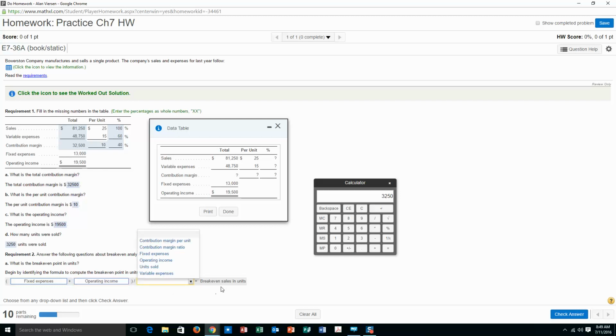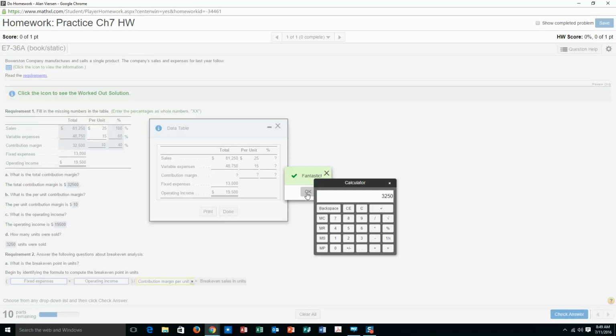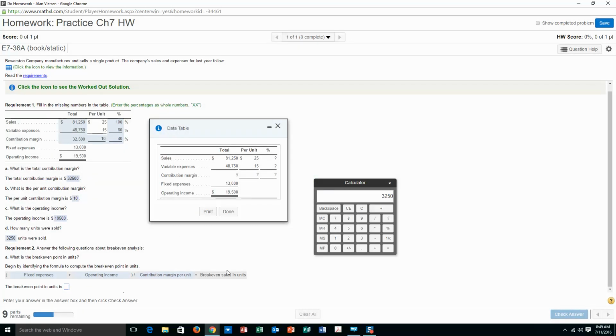Because I want to know the break-even in units, I'm going to divide this by the contribution margin per unit. If I wanted to know how much it was in dollar amount, I divide it by the contribution margin ratio.